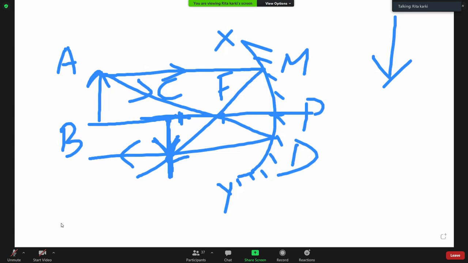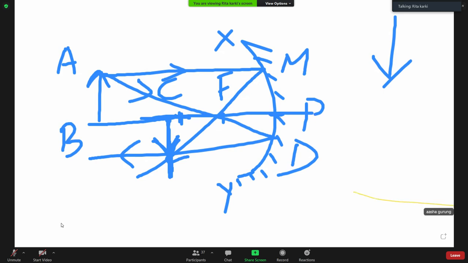Yes, when the object is placed at infinity, the image formed by a concave mirror will be a real image as well as a highly diminished image.